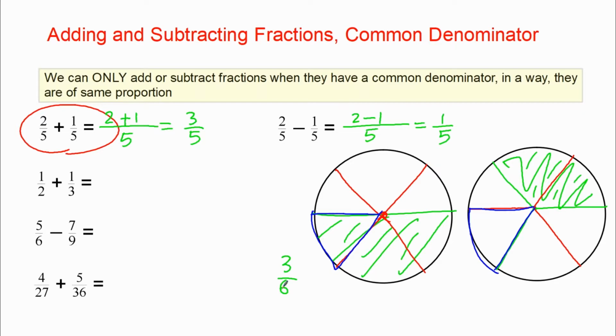And on the second one it is 2 over 6. We have made these portions proportional so that we can add them up. So 3 over 6 and 2 over 6, and if we add them together, same as above when we had the common denominator, the answer would be 5 over 6.